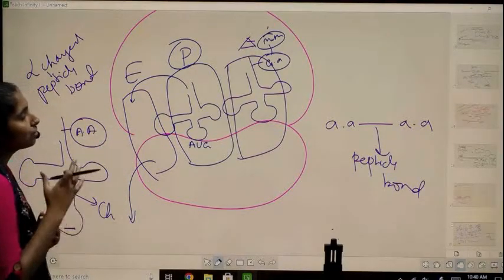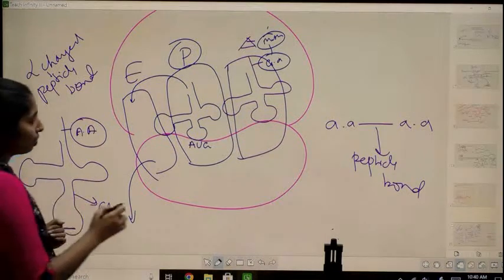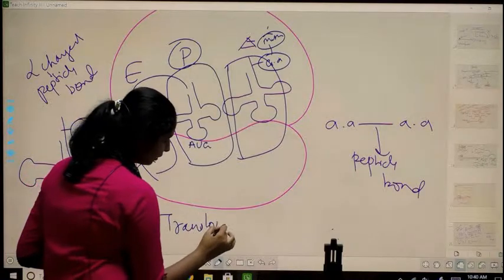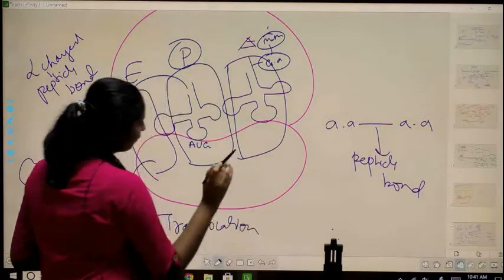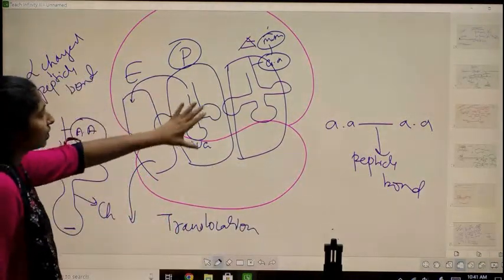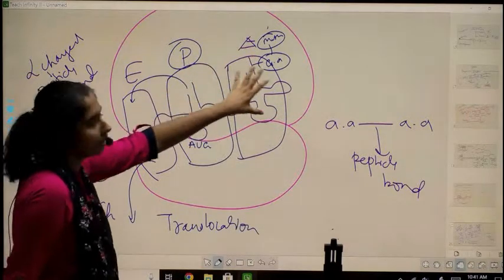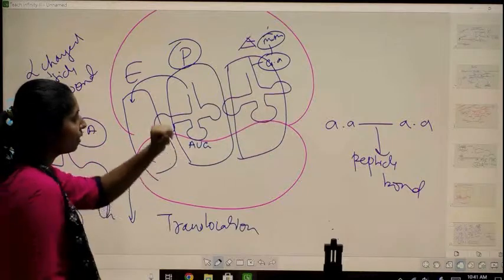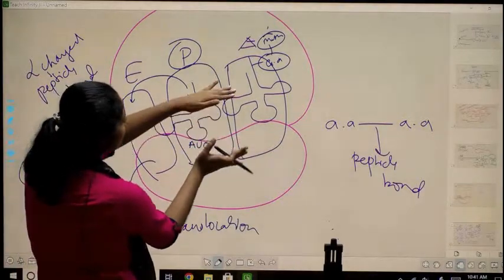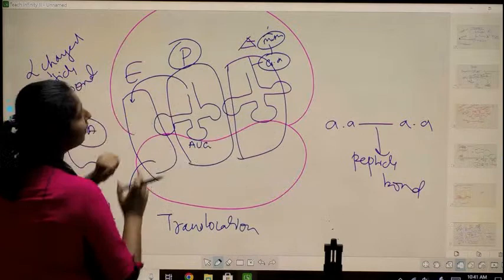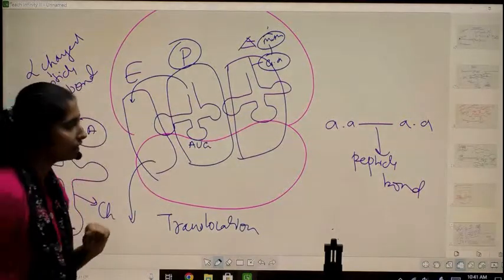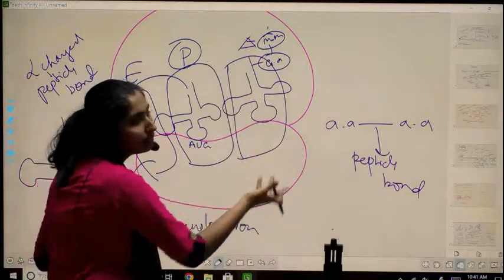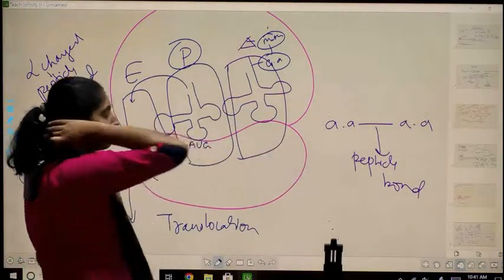Our ribosome has a property of translocation. What is translocation? Once we have the AUG tRNA here and another tRNA here, all the tRNAs are in position. After they bring the amino acid, the ribosome can move by one codon length, so that the A site becomes empty again and new tRNAs can come and bind.